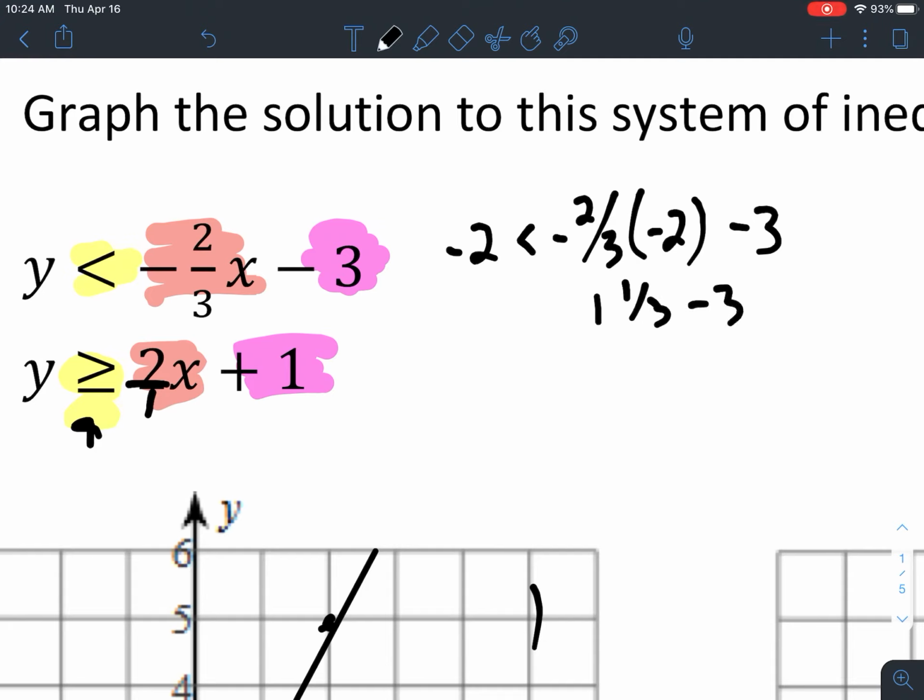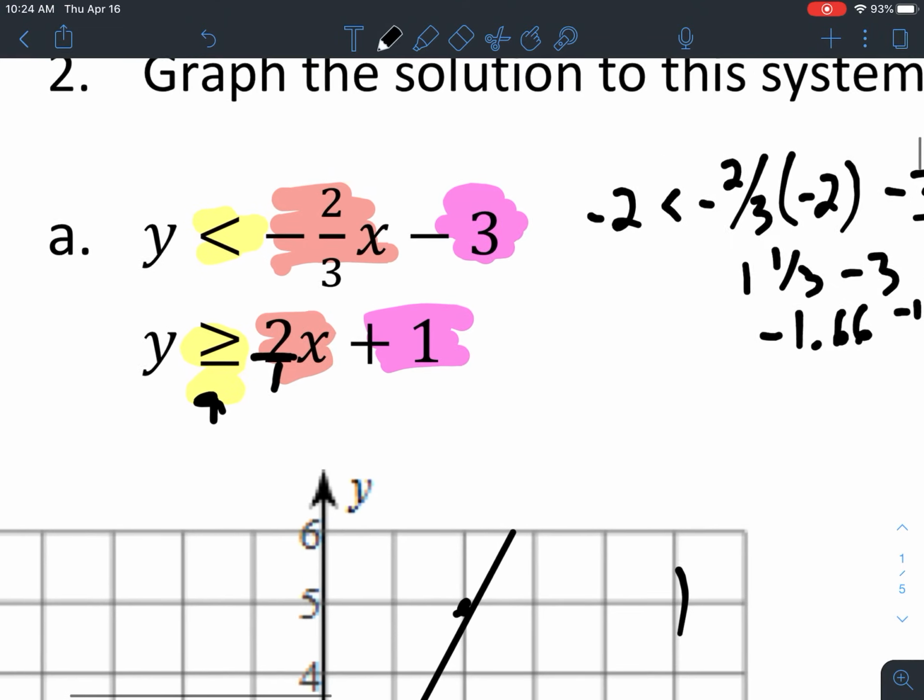So you take 1.333 minus 3, and it's going to give you negative 1.66, or negative 1 and 2/3, which we know is a true statement because negative 1 is bigger than negative 2. Okay, I know the negative numbers get confusing, but negative 1 is a bigger number than negative 2. So we know that works for that one.